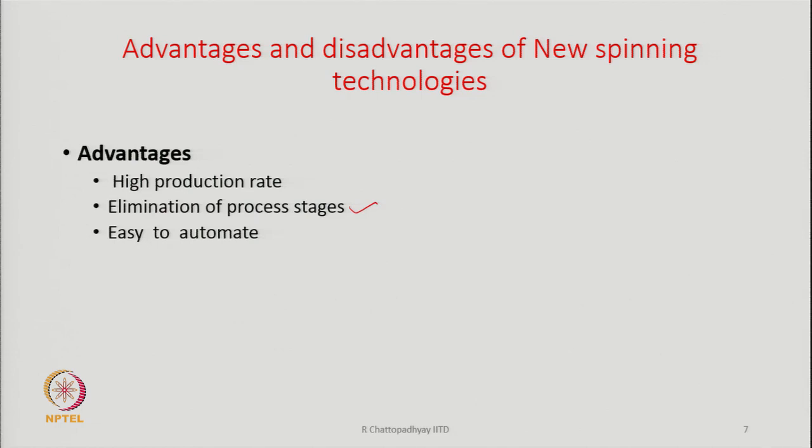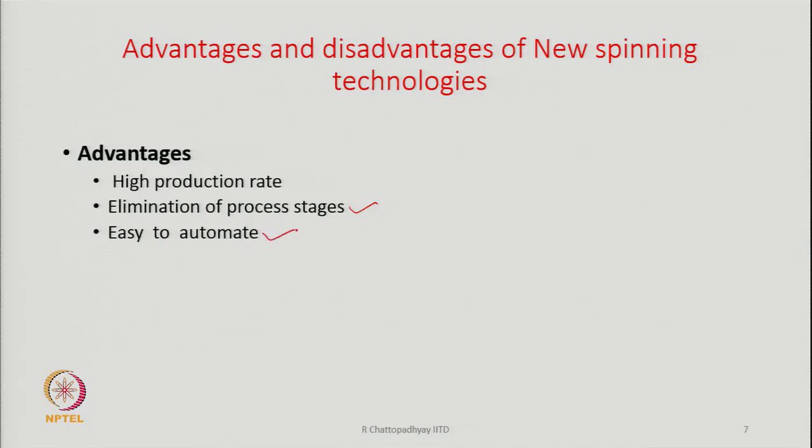It is a pretty lengthy process. There are so many machines used, and the fibers have to go through a long chain of processes before they are converted into yarn. So, if we can cut down a few processes, there will be great advantage in terms of saving of space, capital, labor, and energy. That is why any shortening of the process will be advantageous.